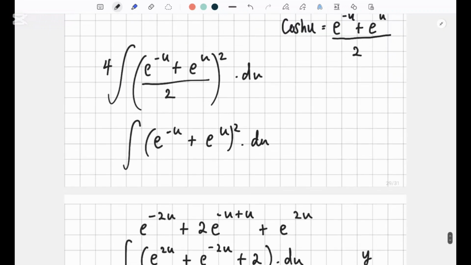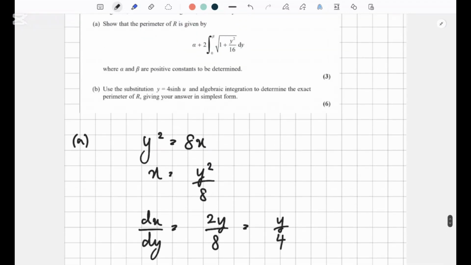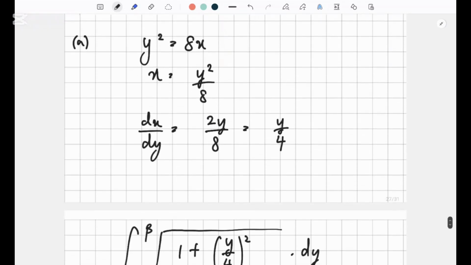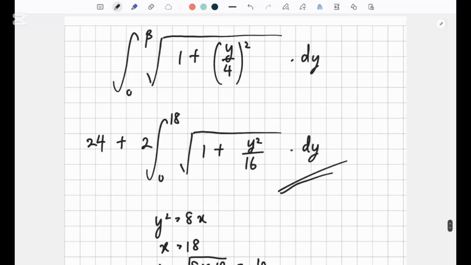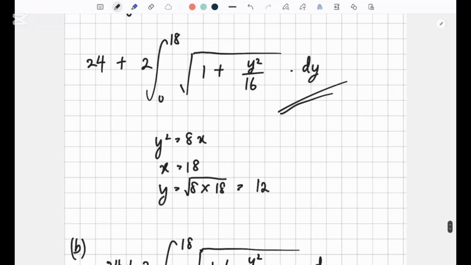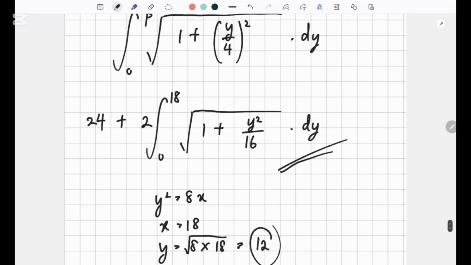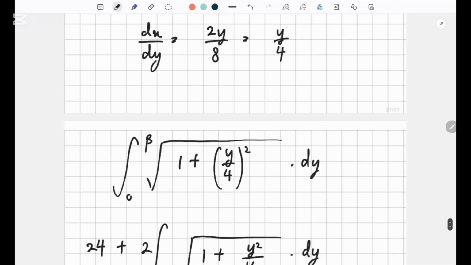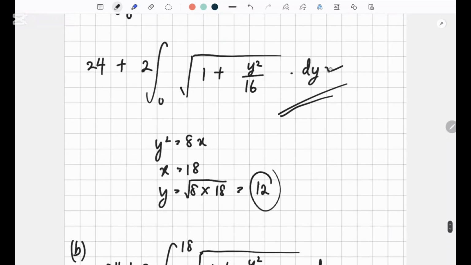hold on a minute. I'm sorry, guys, I think I made another mistake in the first part. So we got y equals 12, right? So the interval here for beta should actually be 12, because we have dy over here, right?